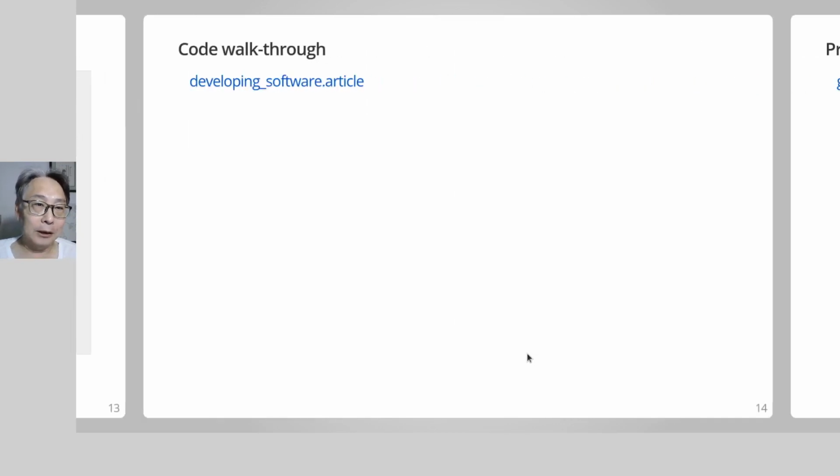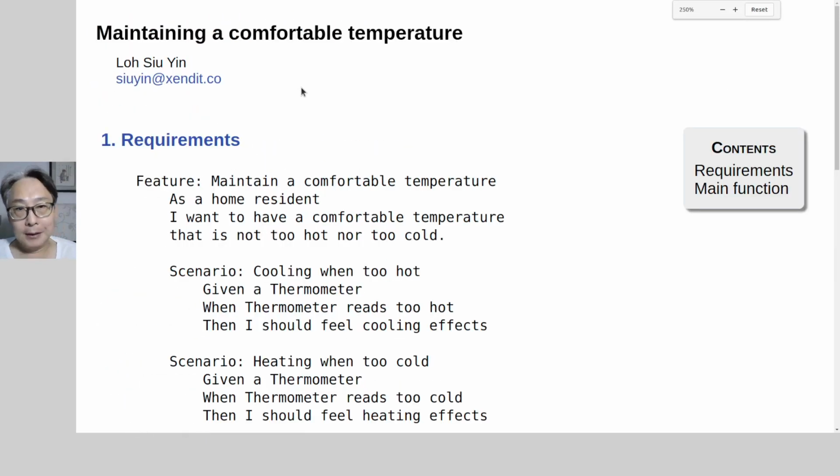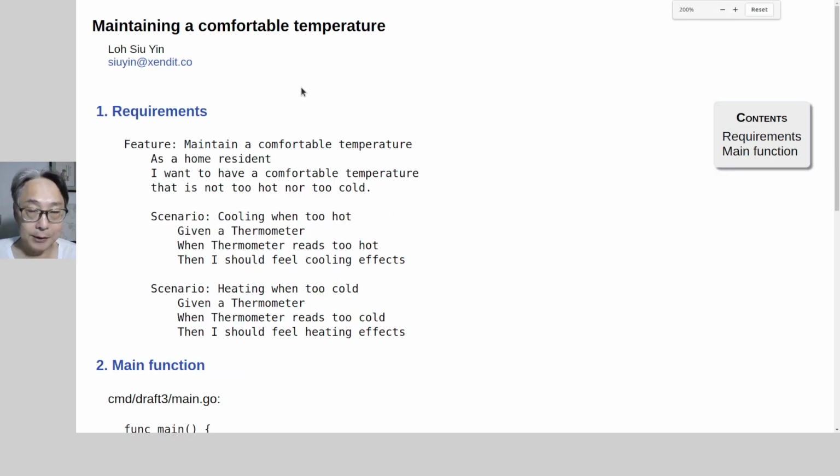So let's have a look at the code walkthrough. If I click on the code walkthrough, and I'll zoom in a little bit, this uses exactly the same present tool, except that it uses the article format and not the slide format. What are the benefits? Just reduce it slightly.